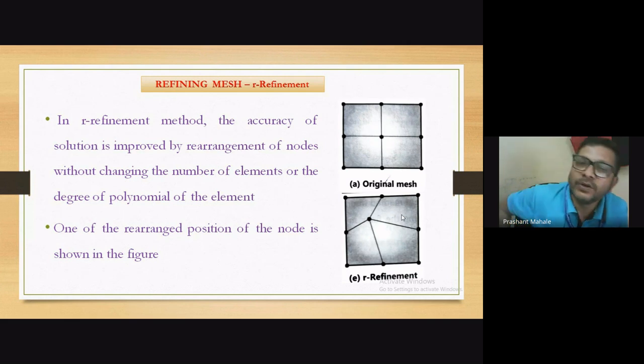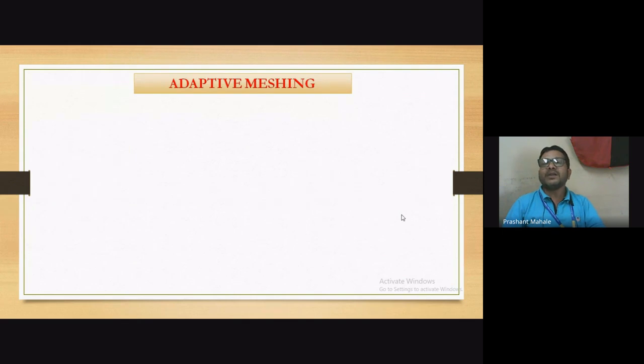We will go for the next topic, ending with these four refinements. There are two more concepts that are used for refining and making the mesh finer. What is that? It is adaptive meshing.